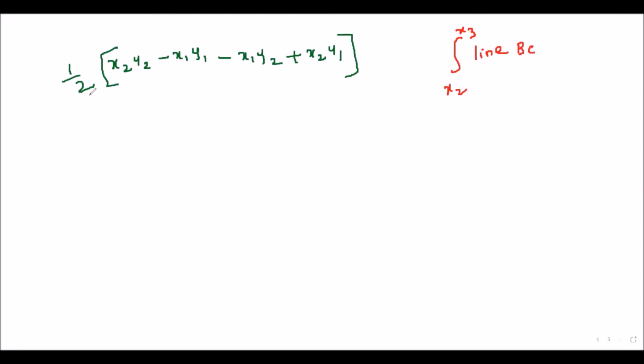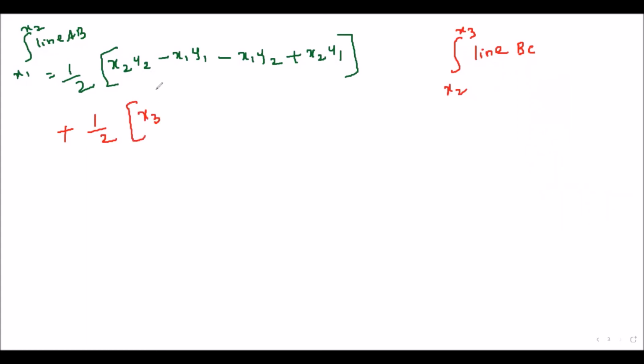Okay, children. So what I said, just replace. This one is the answer of integration of x1 to x2, line AB. Right? So what is the difference? In place of x1, I should replace x2, and in place of x2, I should replace x3 in the final answer. So the next one is, this should be added, half of, in place of x2 I said x3.